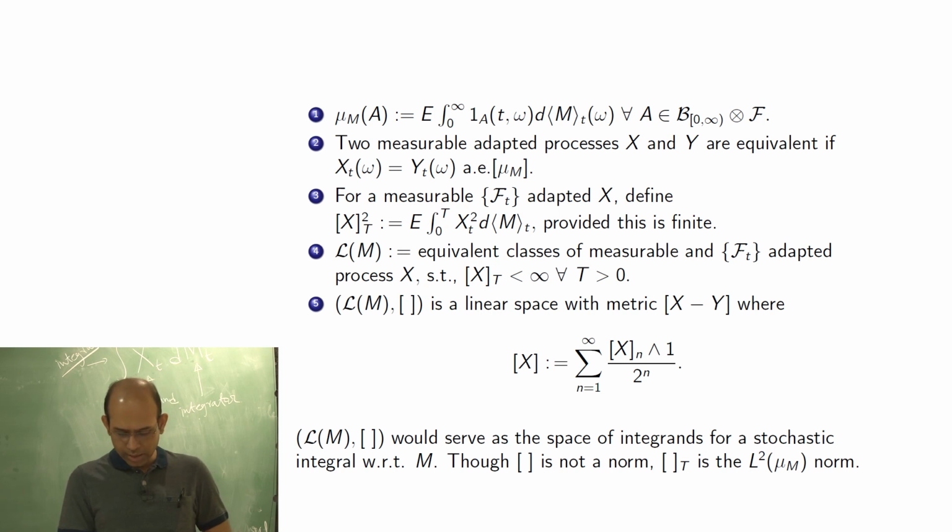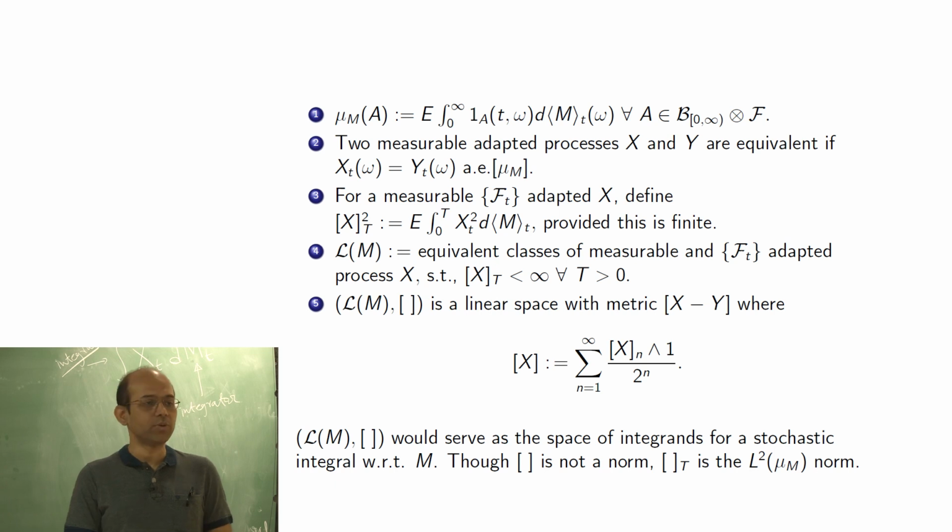So, this square bracket t norm is not sufficient, because it is appropriate only when time from 0 to capital T is considered. So, here we define it in this manner: X box is the sum over n from 1 to infinity of the square bracket n norm, with minimum 1. If that value is more than 1, we replace it by 1, and divide by 2 to the n.